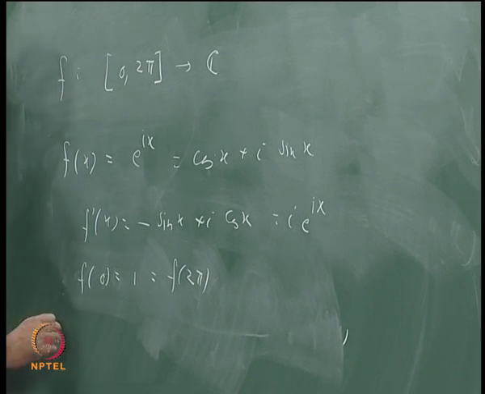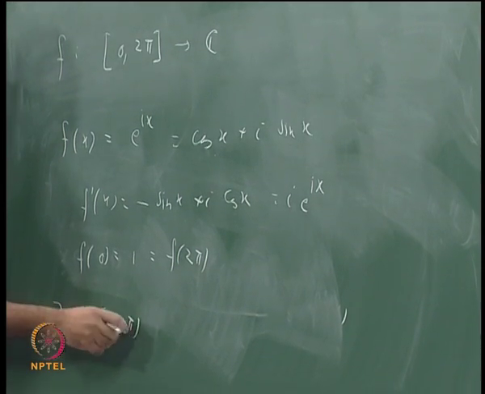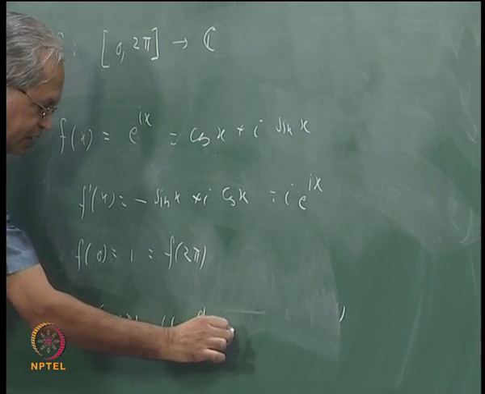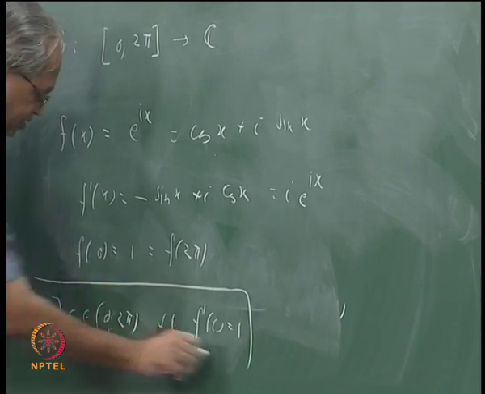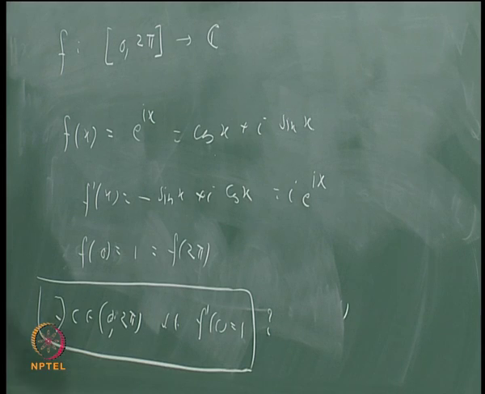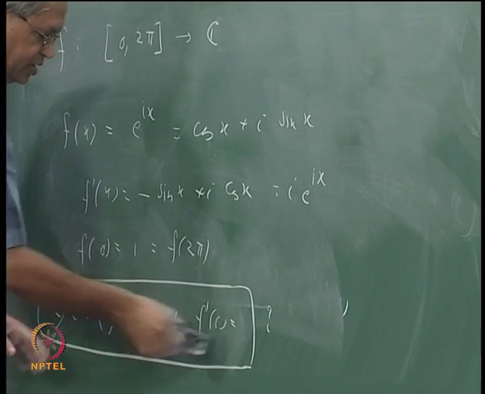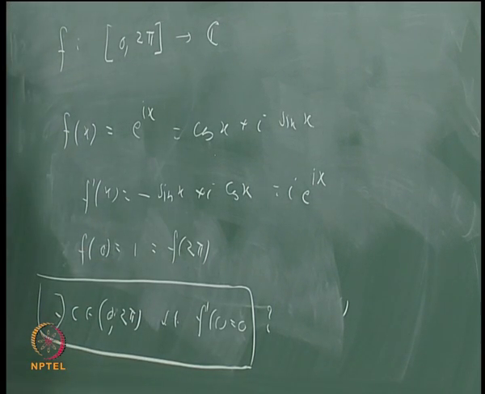There should exist some c in the open interval 0 to 2 pi such that f prime c is equal to 1. Of course we are not asserting this, we are checking whether this statement is true or false. Oh sorry, f prime c is equal to 0, you are right. f prime c is equal to f(2 pi) minus f(0), that is 0.